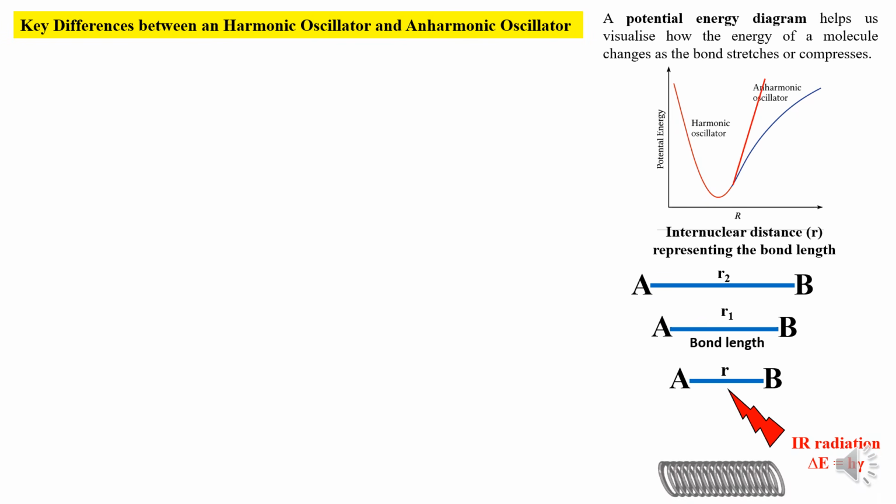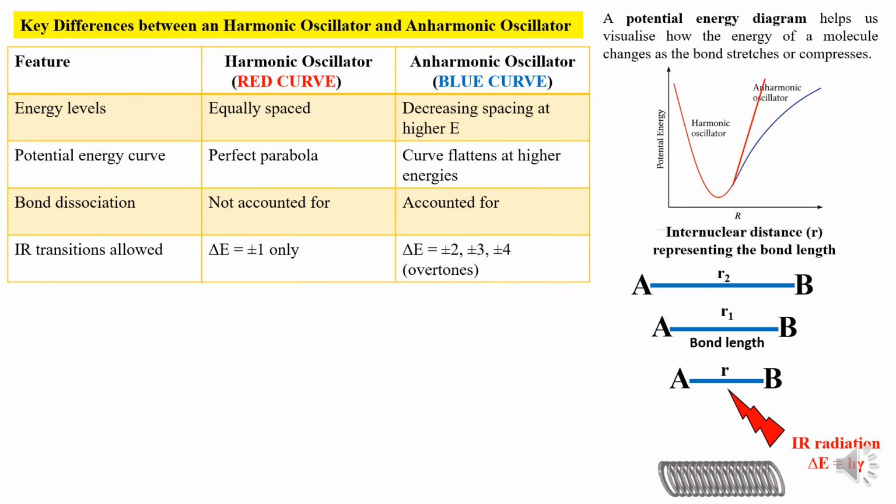Now here are two models explaining the changes in the bond length as the bond stretches or compresses. One is the harmonic oscillator model, the other is the anharmonic oscillator model. Now here are the key differences between a harmonic oscillator and an anharmonic oscillator.